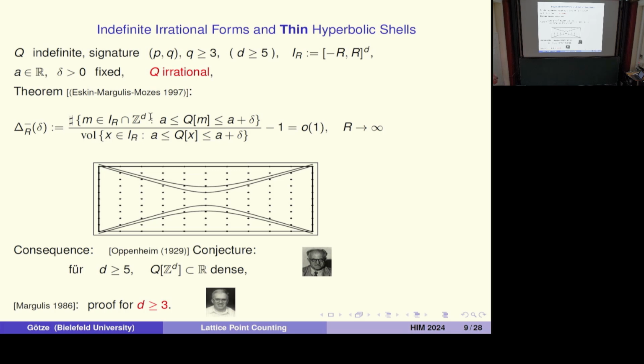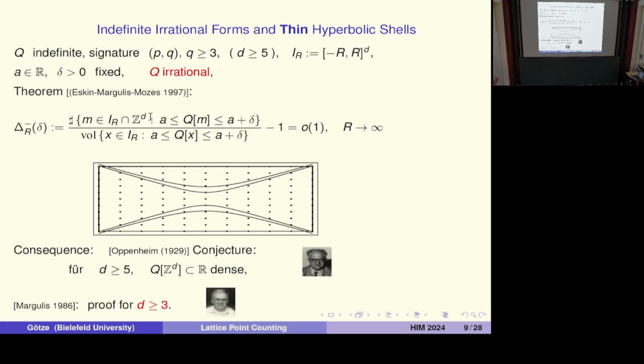So this is Mr. Oppenheim up there, who made this famous conjecture in 1929. What we proved, with effective bounds, starts in dimension 5, but he could prove ineffectively already that the set of values of an indefinite irrational form is dense in R. Here you have not density at infinity as for positive forms, but density everywhere.